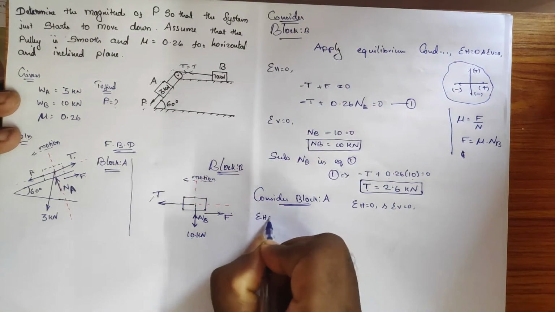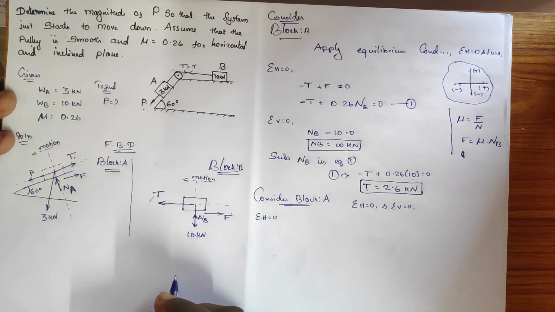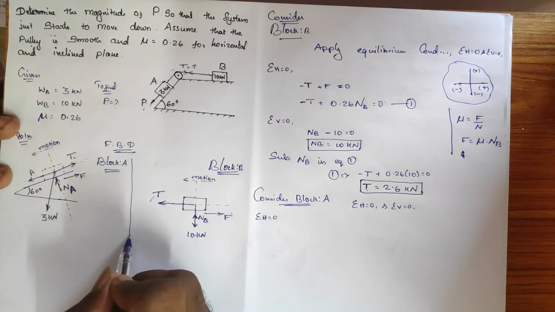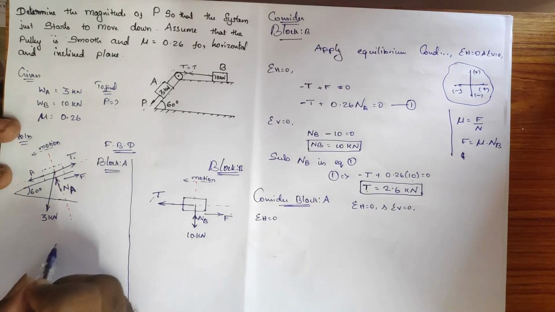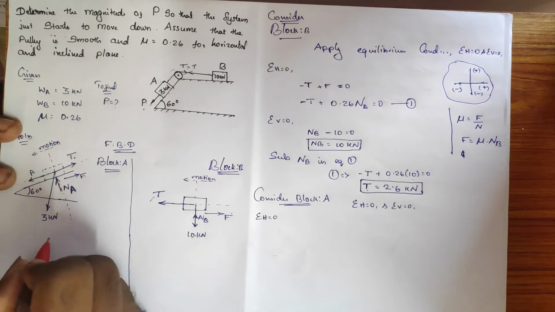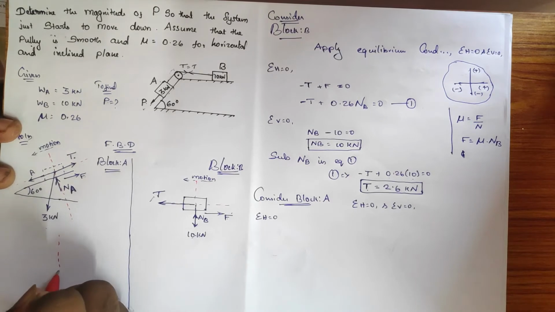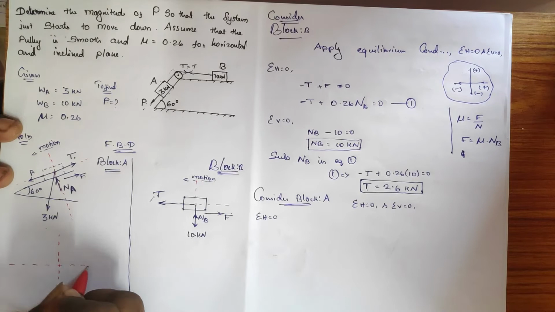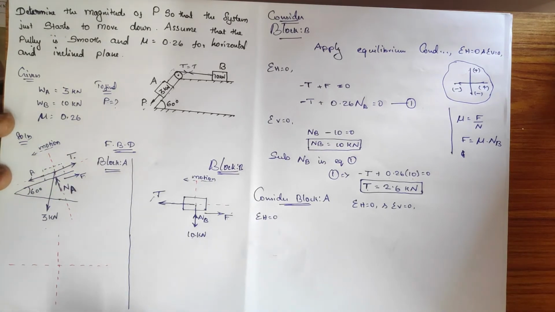Sum of horizontal force is equal to 0. I am just applying it. So here, before applying it, one more step we shall add, so that the explanation will be simple and you can also understand the exact thing the force is telling us.